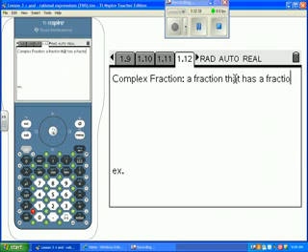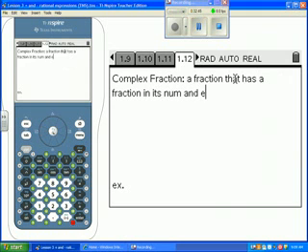And if you want to shorthand numerator, that's fine. And denominator, or both.